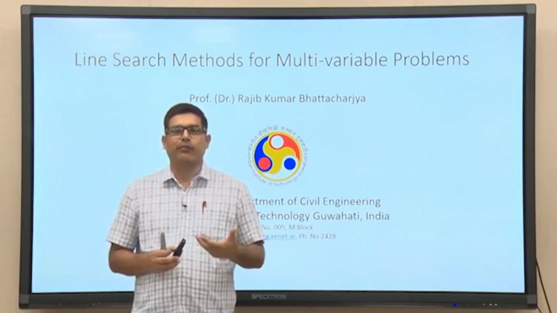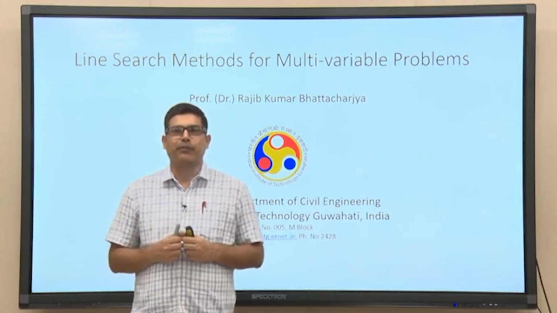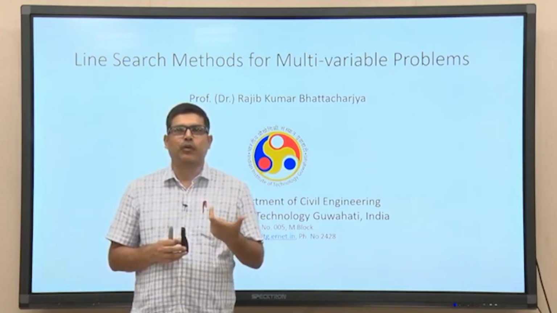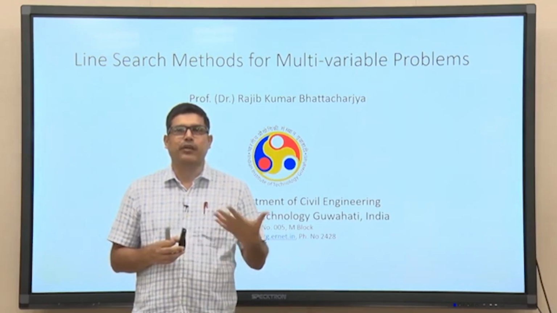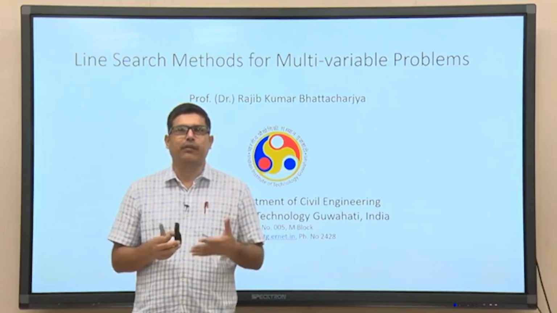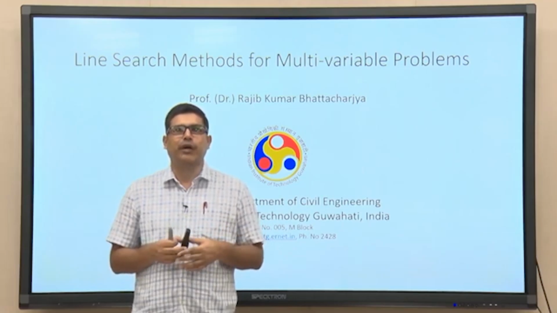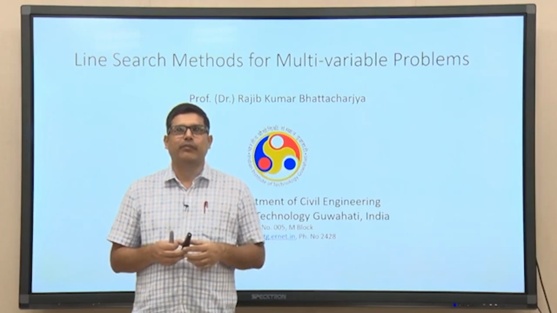Before that, we applied the bracketing algorithm to bracket the optima, and after that we applied region elimination techniques like the golden section search technique, the interval halving technique, and the bisection technique. We also discussed the Newton-Raphson method. So, you can also apply the Newton-Raphson method to find the optima of a single variable optimization problem.